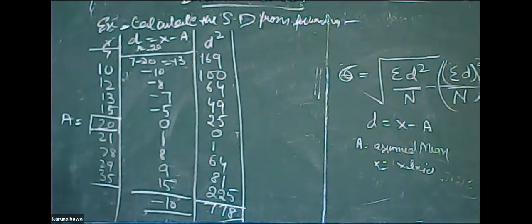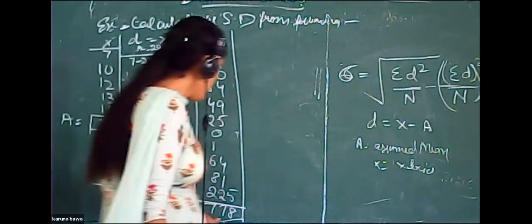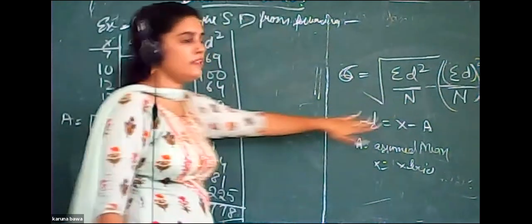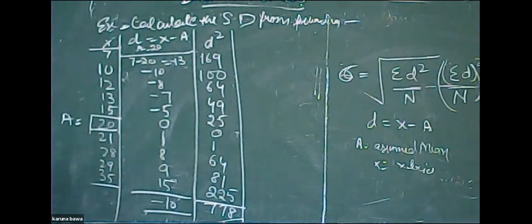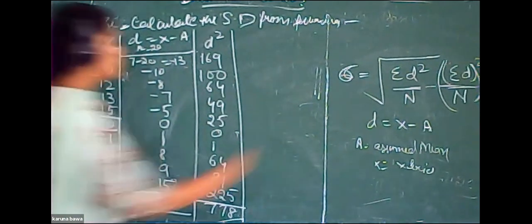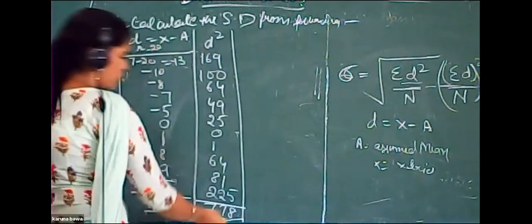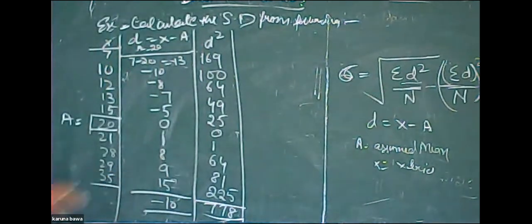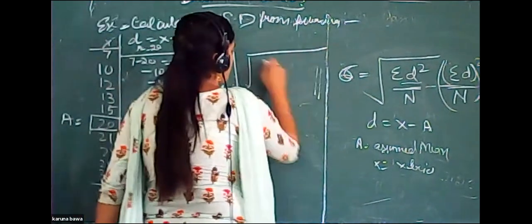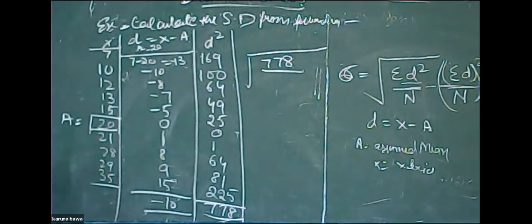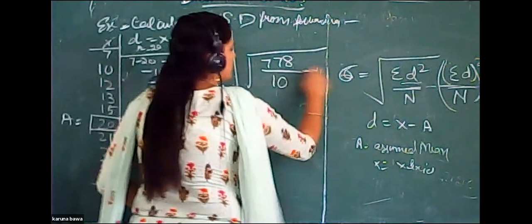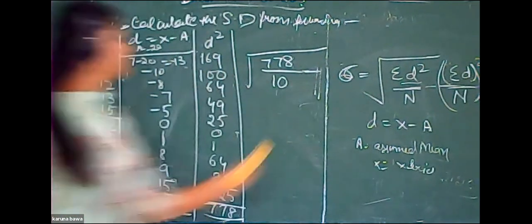So after this, we put these values in the formula. In this formula, as we know, the value of summation D square is 778. n is the number of observations, and the total number of observations is 1, 2, 3, 4, 5, 6, 7, 8, 9, 10.